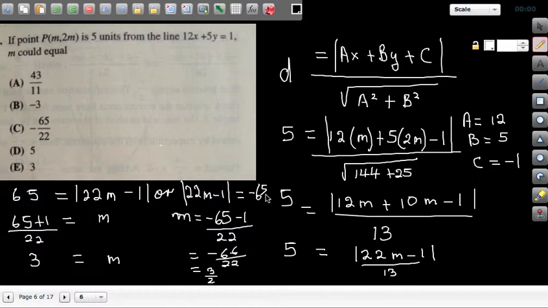If it is negative 65, it will be negative 65 plus 1 over 22, negative 64 over 22, which is negative 3 over 2. It should be negative 3 over 2. Now look at your answer choices and you will see that negative 3 over 2 is not given. And they will not give you both the answers, so you have to be careful about the absolute value.